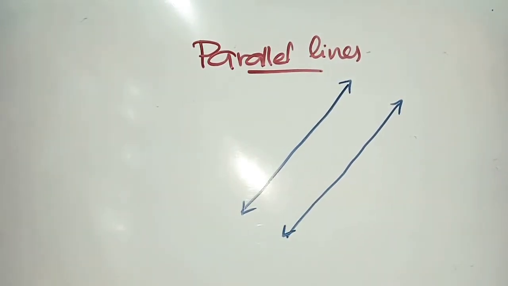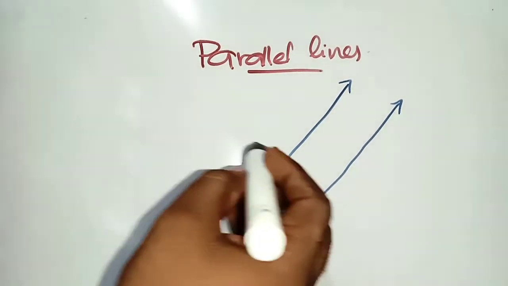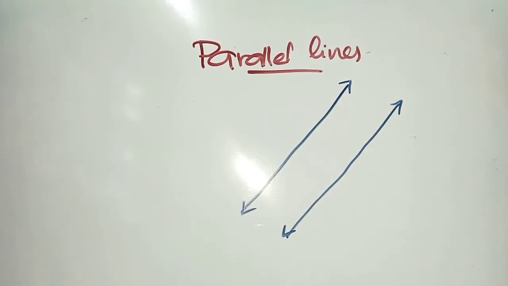So two lines are parallel if and only if their slopes or gradients are equal. Two lines have the same gradient only when they are parallel. Or parallel lines have the same gradient. So if two lines are parallel, their gradients are equal.